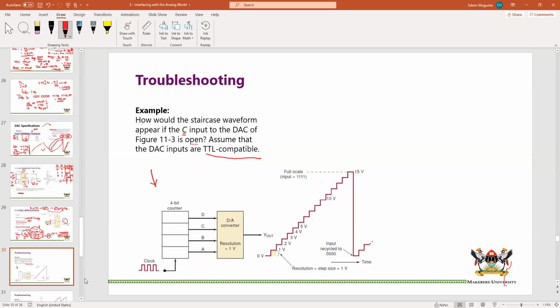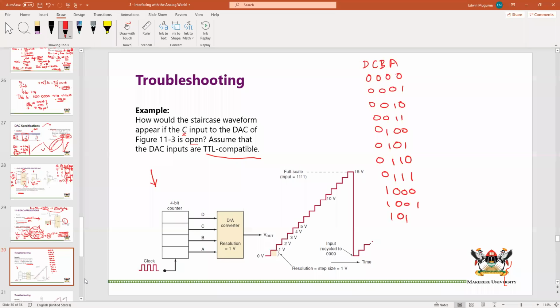We know that generally the staircase moves from, I'm going to say DCBA, 0000, 0001, 0010, 0011, 0100, 0101, 0110, 0111. Then you start from 1000, 1001, 1010, 1011, 1100, 1101, 1110, 1111.